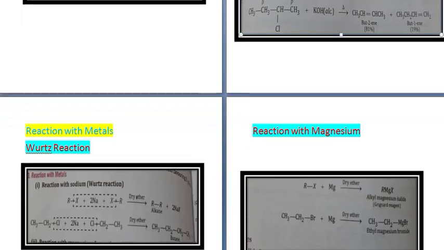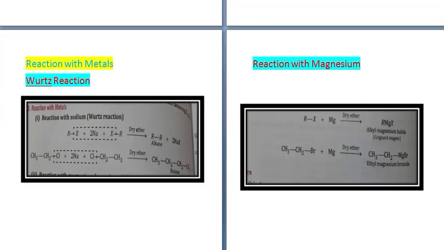Next type of reactions shown by haloalkanes are reactions with metals. The first is Wurtz reaction. In this, the haloalkane is treated with sodium metal. 2RX is treated with 2Na.